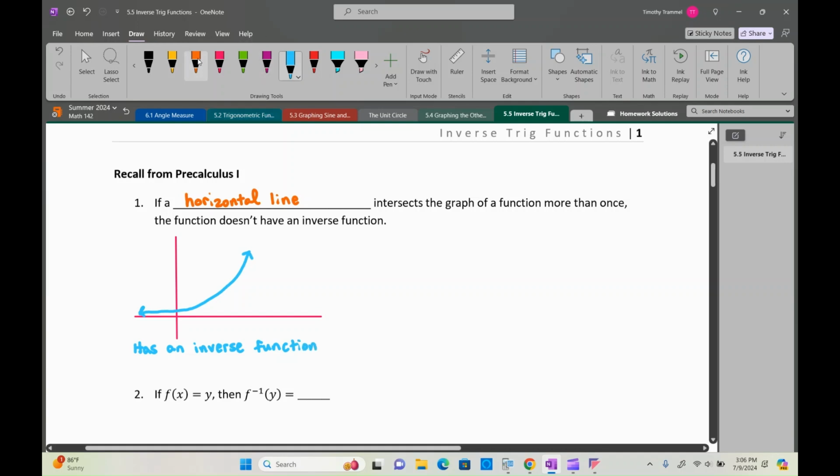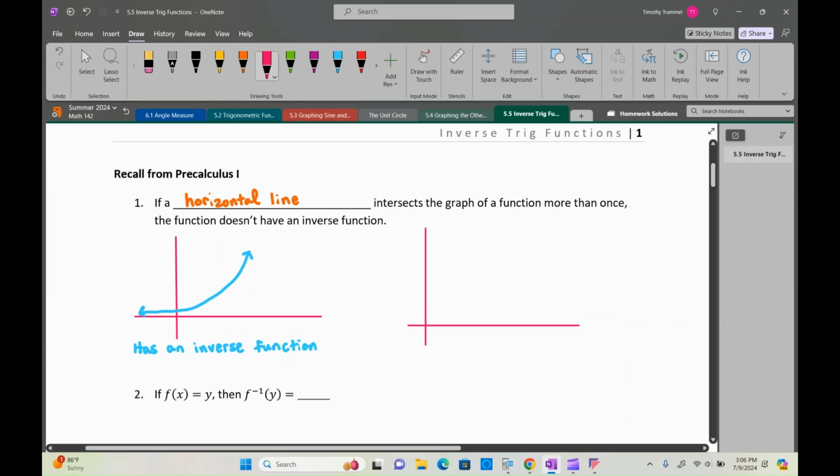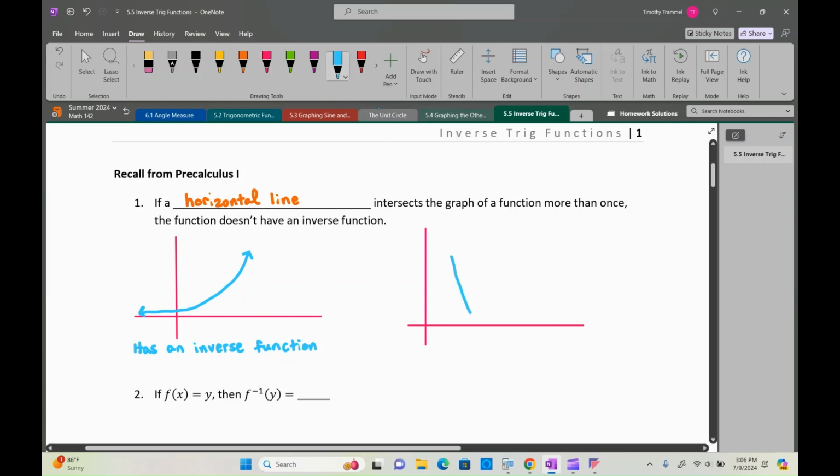Okay. And now something that doesn't, well, we're going to be able to find a horizontal line that goes through it more than once. That's what I'm looking for. Let me try that again. There we go. So a good example of something that won't have an inverse function would be, say, a parabola. Okay.